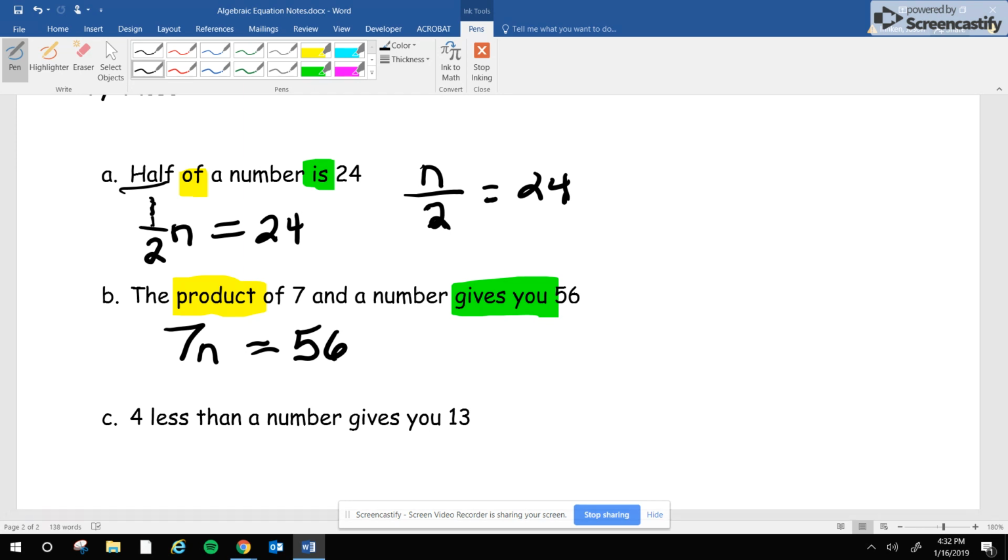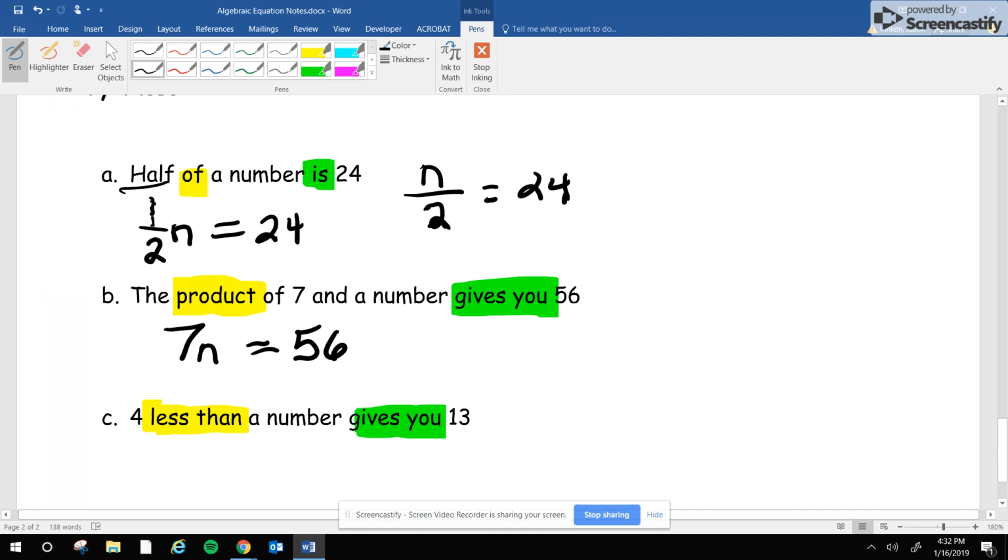The last one, we've got 4 less than a number gives you 13. So we've got less than and gives you. Now, here we're taking 4 less than a number. So as you see here, we need to take away 4.